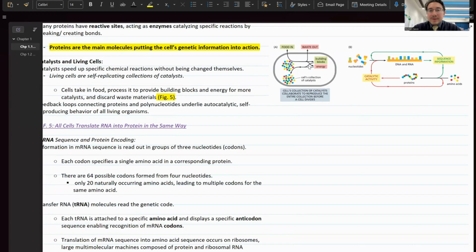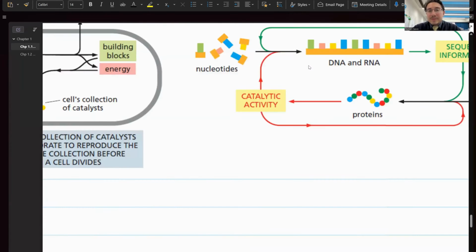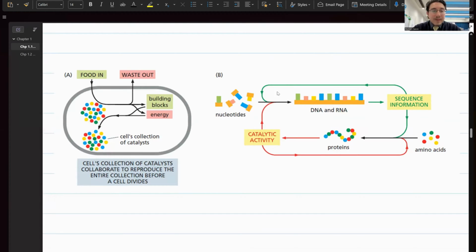If you take a look here, you can get a better depiction of what I'm trying to say. In general, a cell takes food in. That food is broken down, and then you have those building blocks. As it's being broken down, it also provides some energy.